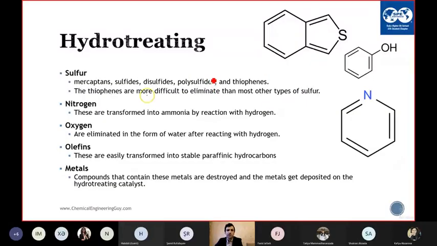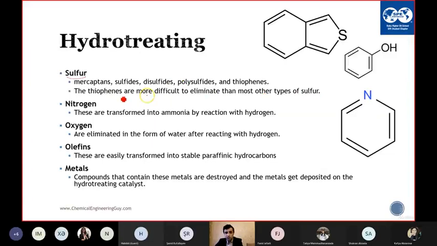Hydrotreating process. What are the impurities we want to treat in this process? The sulfur, which can show itself as a mercaptan, sulfide, disulfides, polysulfide, thiophenes, etc. And thiophenes are the most difficult to eliminate compared to other types of sulfur.